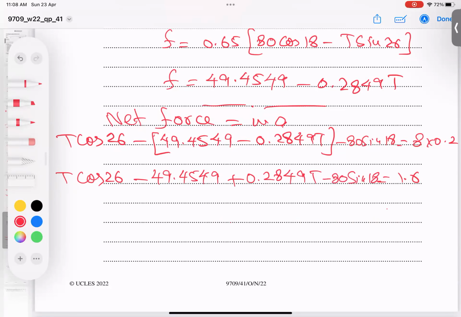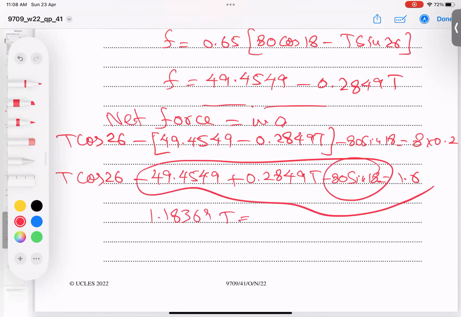Now if you solve it, that is the tension. So cos 26 plus 0.2849 is coming 1.18369 tension.